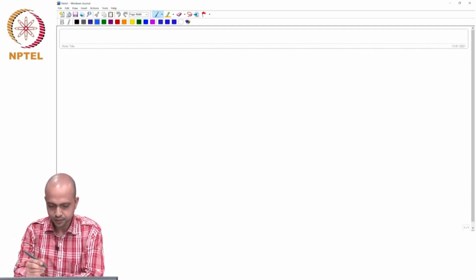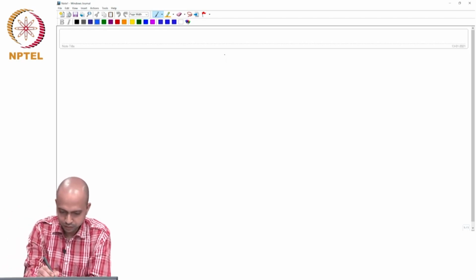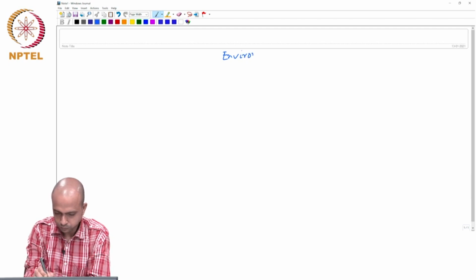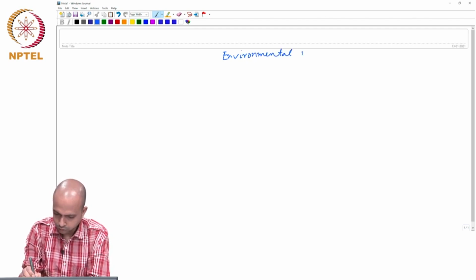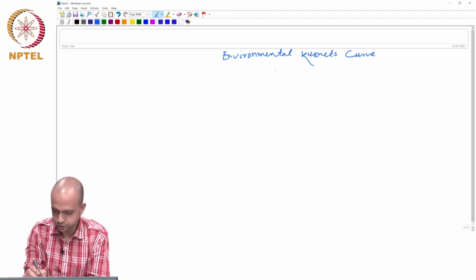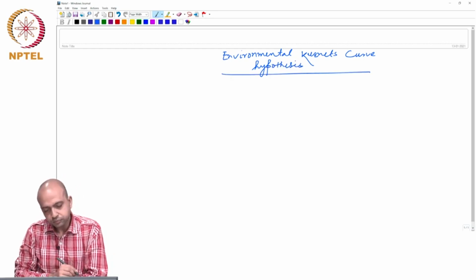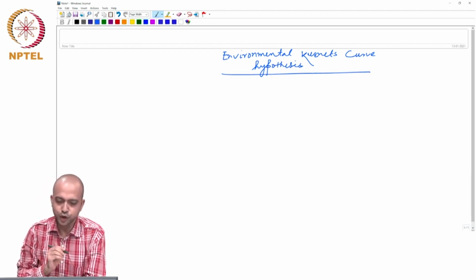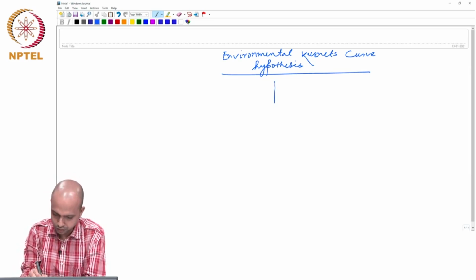So, this is called the environmental Kuznets curve hypothesis. First of all, what is the environmental Kuznets curve hypothesis?